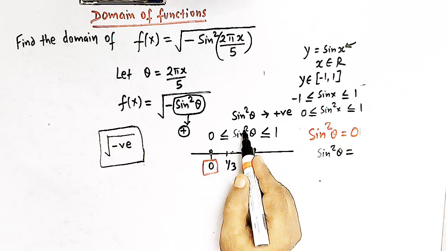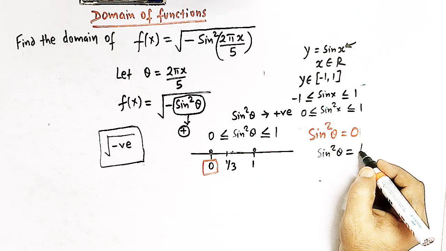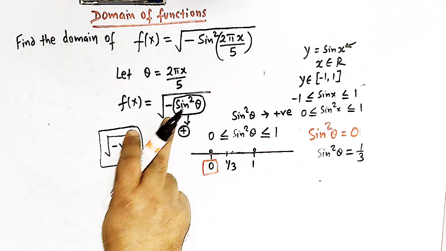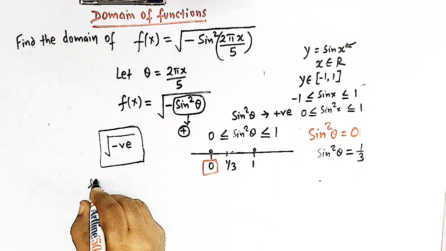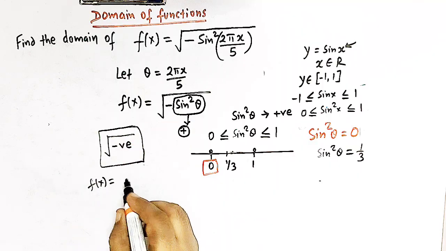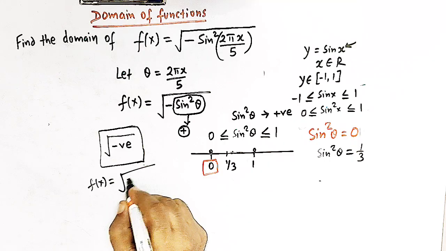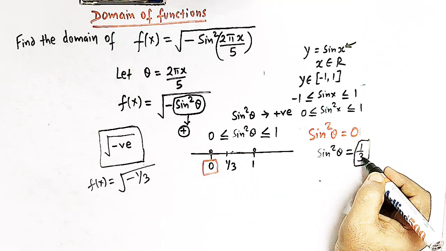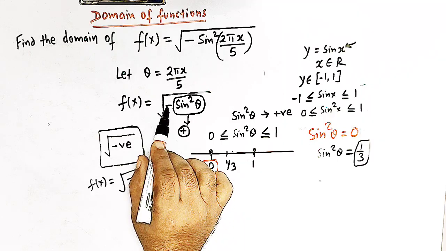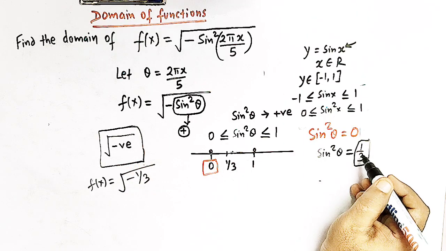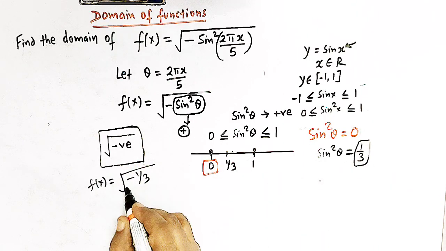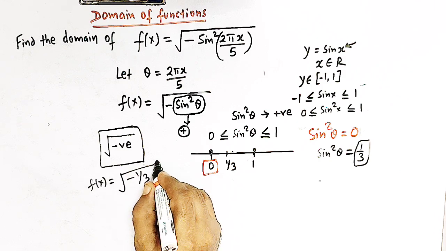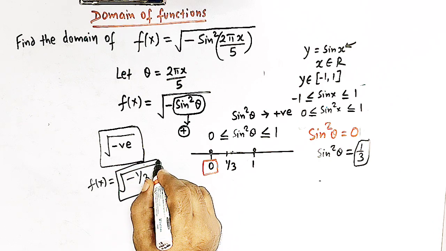If we substitute this value in this expression, then f of x is equal to square root of negative of 1 over 3, because this is a positive number. So when this negative is multiplied with a positive number, we have a negative number inside the square root sign, and this is a complex number, right?